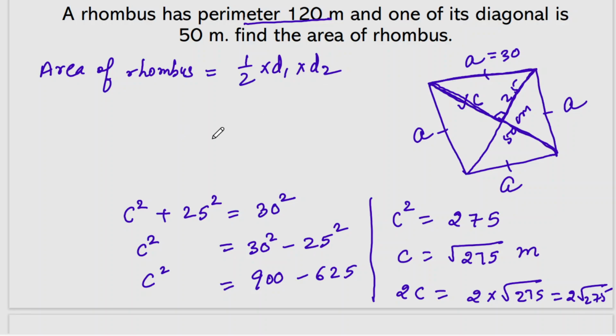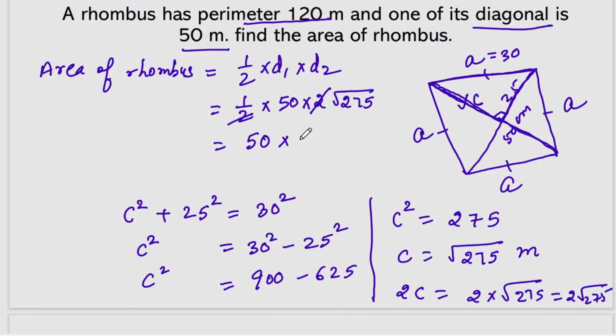So what is d1 and d2? They are the lengths of the diagonals. So half into the length of one diagonal, which is given as 50. Okay, and the length of the second diagonal we have calculated, that is 2 root 275. Now you can see 2 and 2 will get cancelled out. So you are left with 50 into root 275.